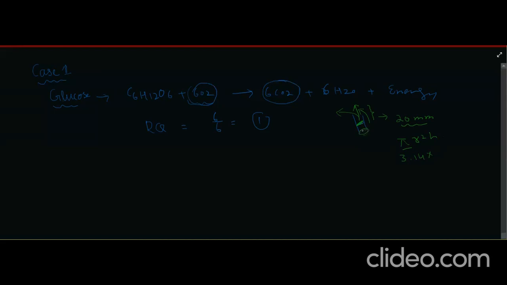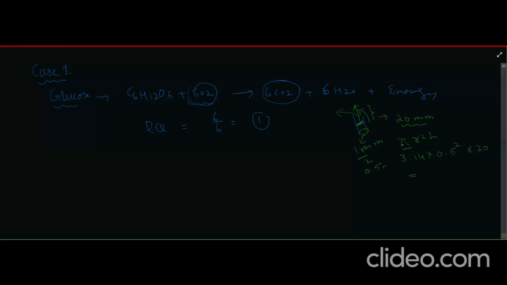Let's suppose the diameter of this tube is 1, so 1 divided by 2, the radius should be 0.5. So in this formula, I will put 0.5 square, multiplied by h, the distance covered by that drop. So it is 20. So it will give you the value of oxygen utilized.